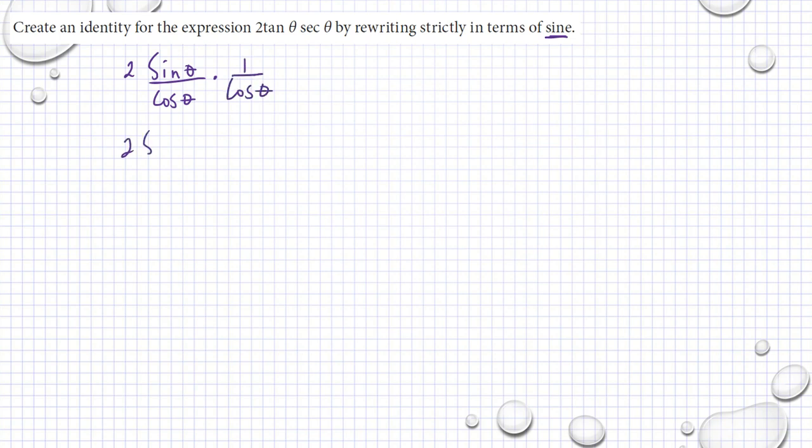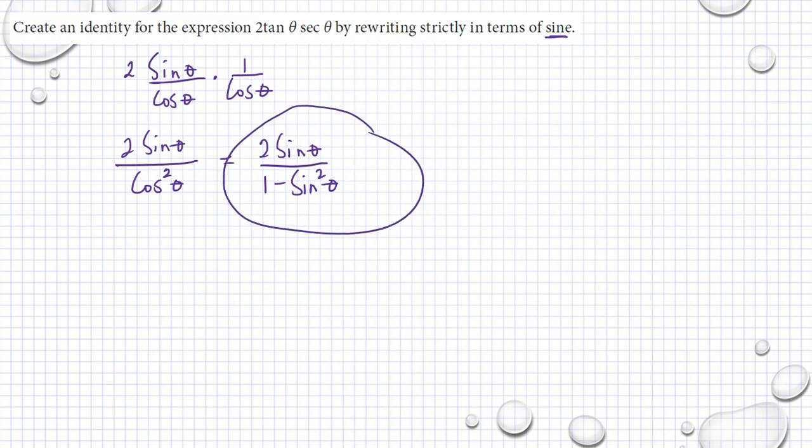So we have 2 sine theta divided by cosine squared theta. That is 2 sine theta, and cosine squared theta is equal to 1 minus sine squared theta. Then we express this trigonometric expression in terms of sine.